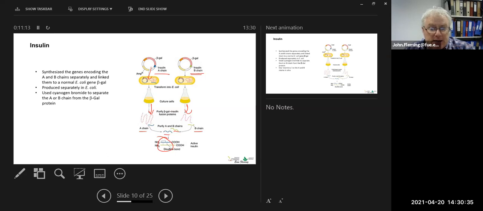So I suppose this is not necessarily a great example of proteins that can be expressed, because this wouldn't normally happen. This wouldn't work for most proteins if you were trying to bring together two different subunits. But certainly for insulin, this actually does work.